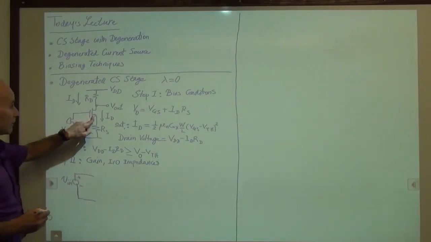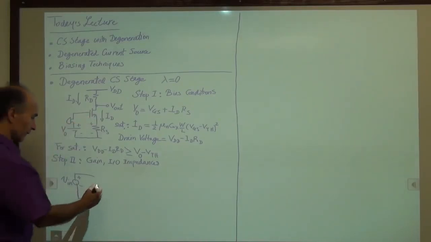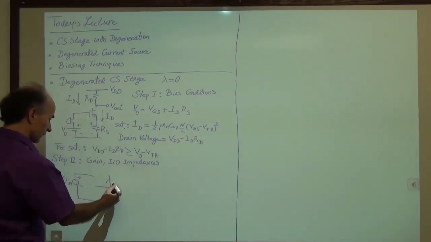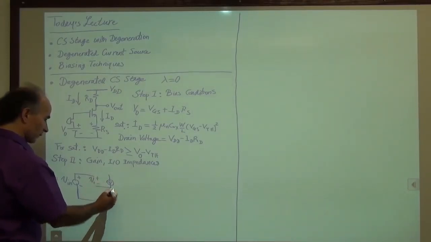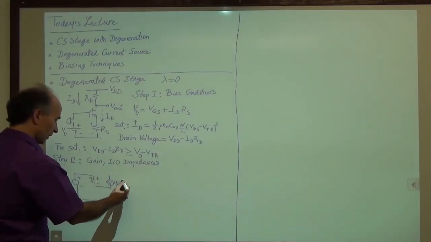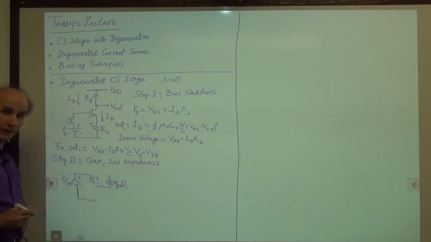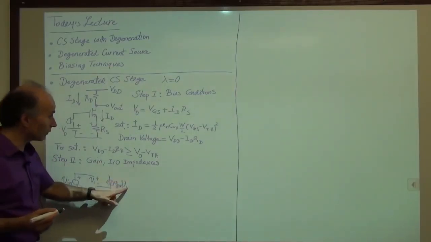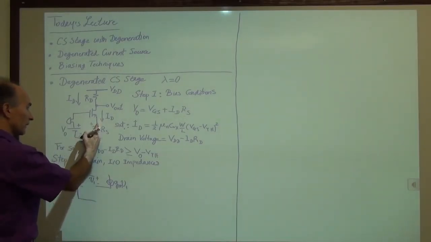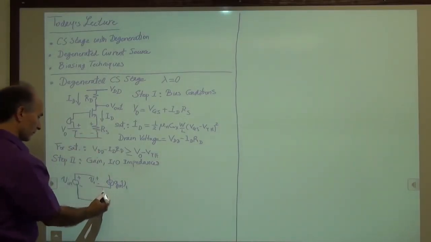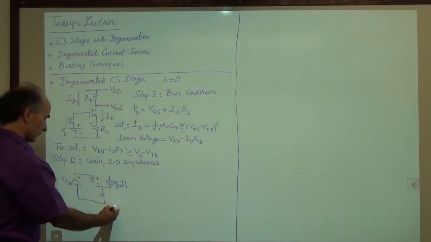Then we draw the small signal model of the transistor itself. So that's like this. V1 between gate and source. gmV1 between drain and source. We don't have an ro because lambda is 0. Then from the source, we have a resistor to ground.